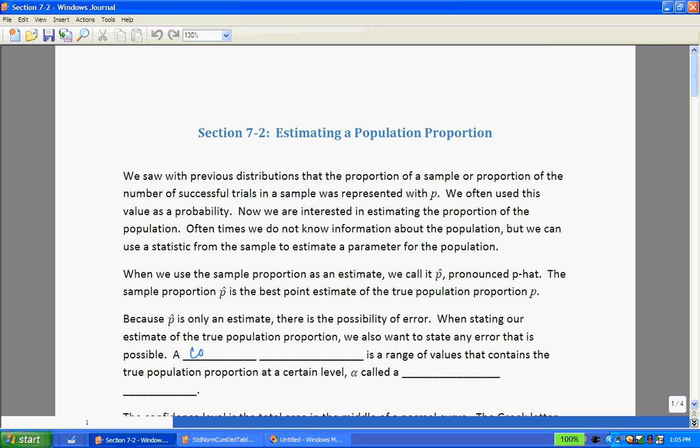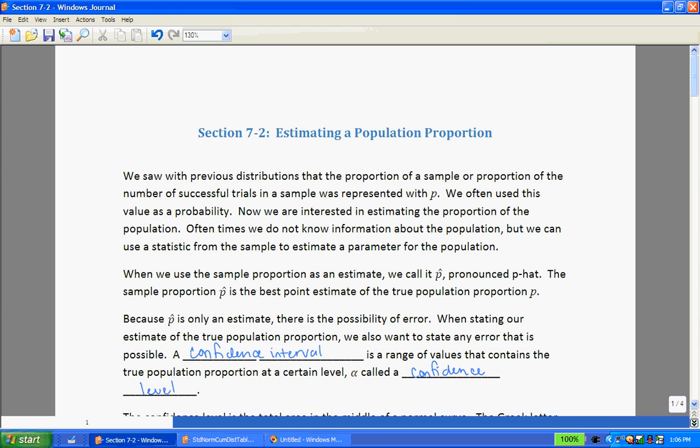A confidence interval is a range of values that contains the true population proportion at a certain level alpha, called a confidence level.